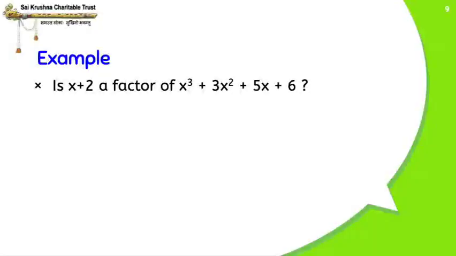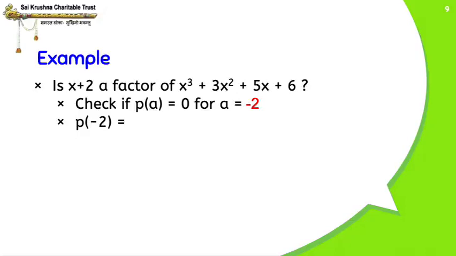Let us do a few examples. Is x plus 2 a factor of x cubed plus 3x squared plus 5x plus 6? We need to check if p of a equals 0 for some correct value of a. What is the correct value of a? Remember, we want x plus 2 to be equal to x minus a. So what should a be? A should be minus 2 because x minus minus 2 is x plus 2. Now we want to check if p of minus 2 is 0.